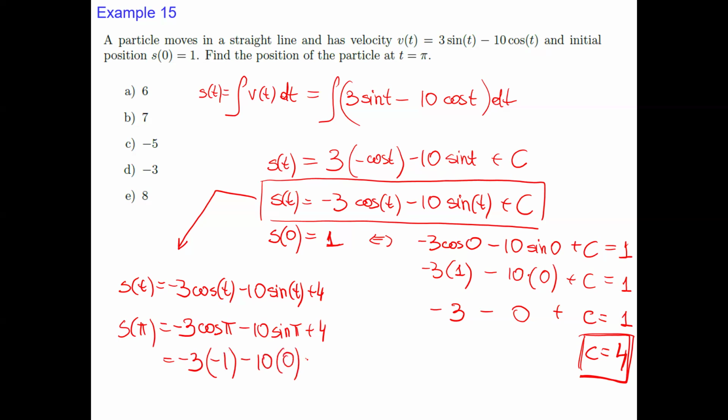Sine at pi is 0. I hope everything is correct. Positive 3 plus positive 4 is 7. 7 is the position, whatever the units are, maybe meters, or maybe since it's a particle, millimeters. Okay, 7 is the correct answer.